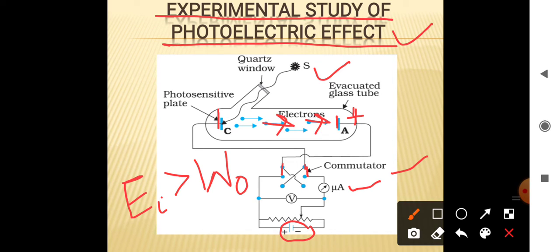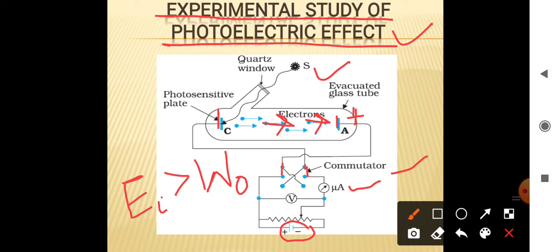The current formed due to these electrons from C to A is called the photoelectric current, and the phenomenon is called the photoelectric effect. This experiment was done by Hertz, Hallwachs and Lenard, along with Einstein's explanation. In the next slide, we study the factors due to which this current gets affected.